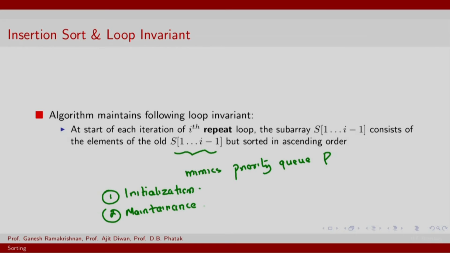So you scan from the right to the left until you find an element in S 1 to I minus 1 that is actually less than or equal to the key that is being inserted. Because you stop at that position, and because you know from the previous iteration that elements preceding the element that was found to be less than or equal to the key are already sorted, you can stop, and in fact this also ensures that the loop invariant is maintained.